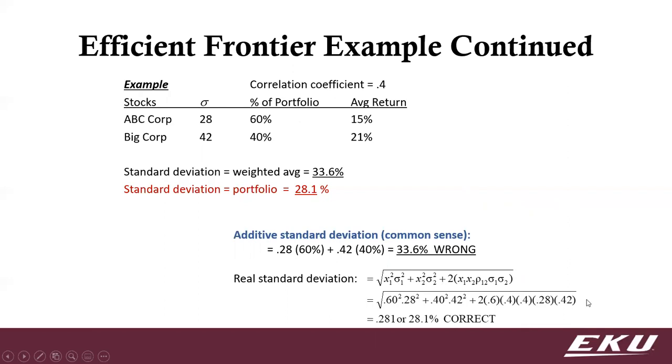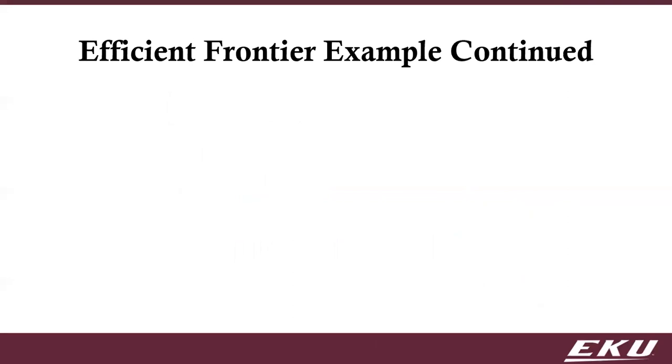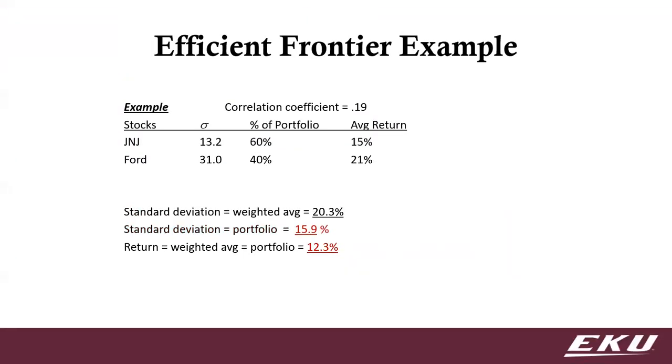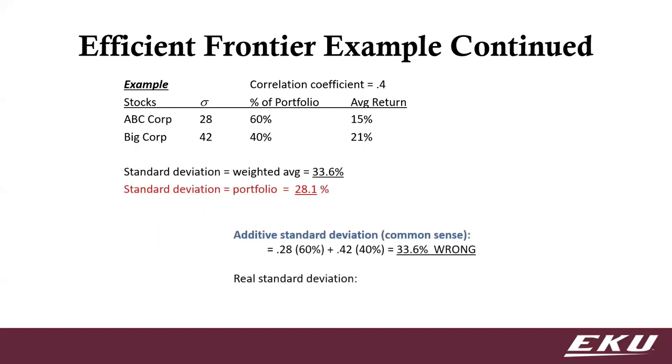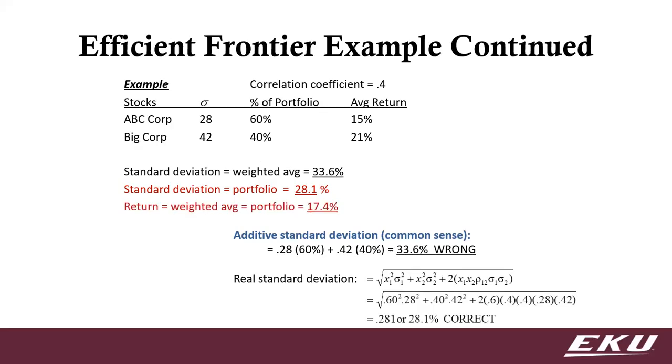This is just trying to explain the benefit. The standard deviation is higher in this case than the earlier example, 15.9, because the correlation was so low. This one is 28.1, but it's still less than the 33.6, right?